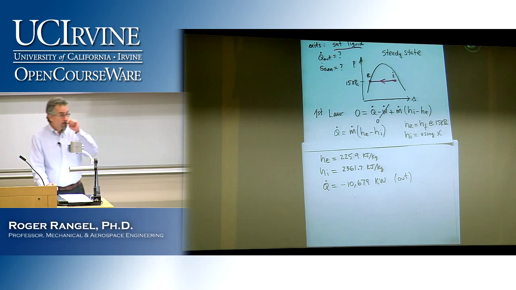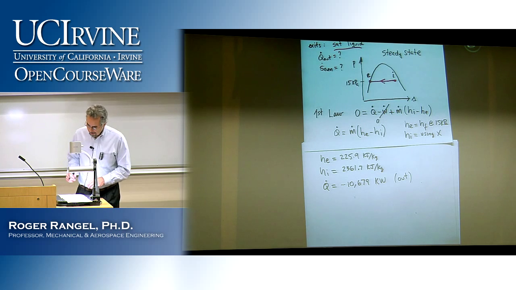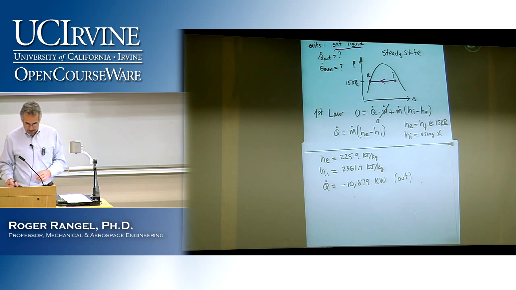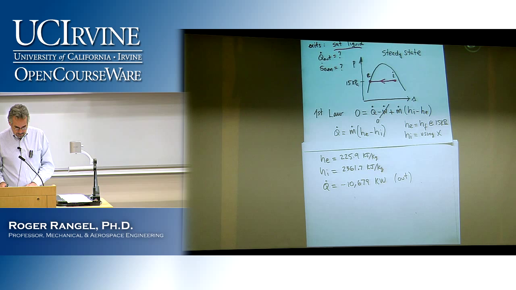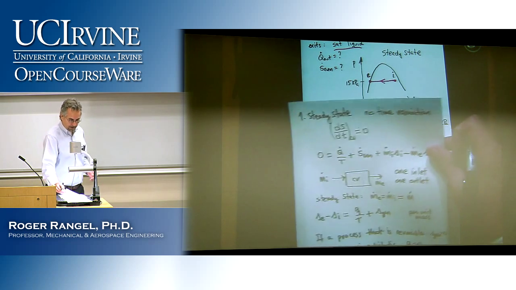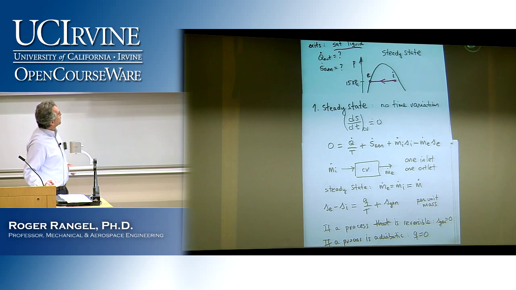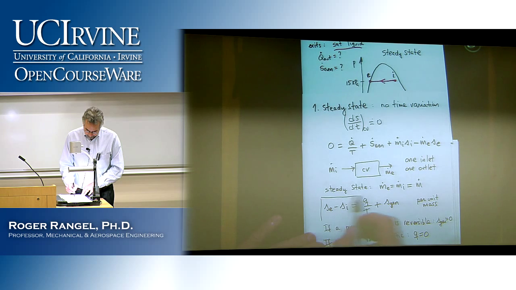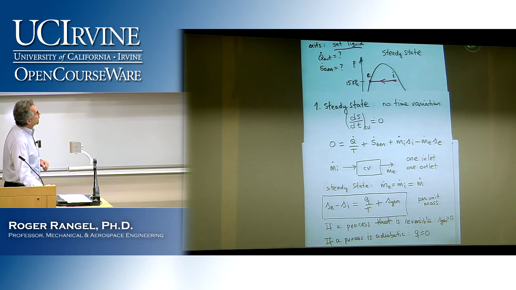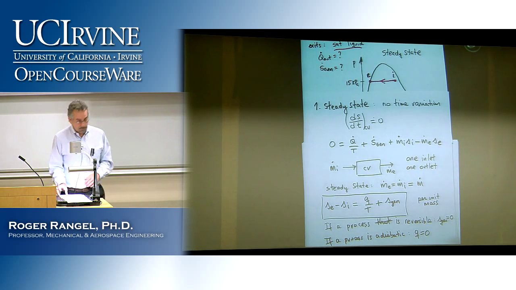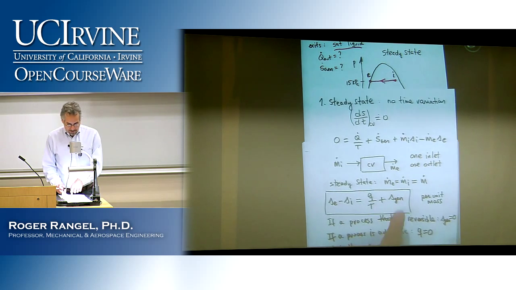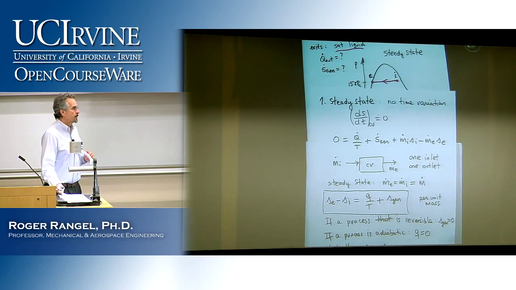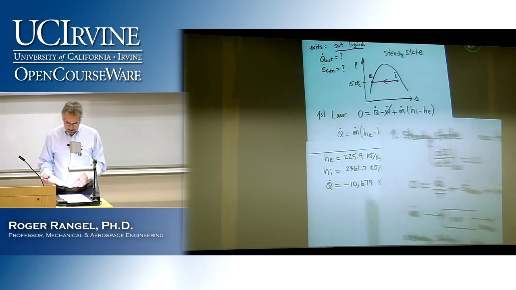And the second question is to find the entropy generation. And how do we find the entropy generation? Well, we just developed this equation right here. So I can go ahead and take that equation and solve for the entropy generation. This is per unit mass, so all I need to do is multiply times the mass flow rate.